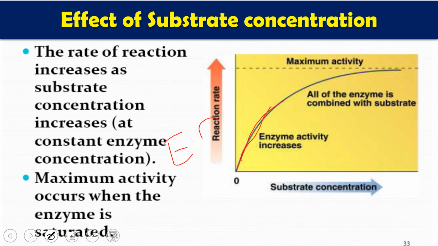But after a certain time, when all the enzyme's active sites are saturated with substrate, the increase in substrate concentration does not affect the rate of reaction. There will be no increase in rate even by adding substrate. Why? Because all the active sites have been utilized.